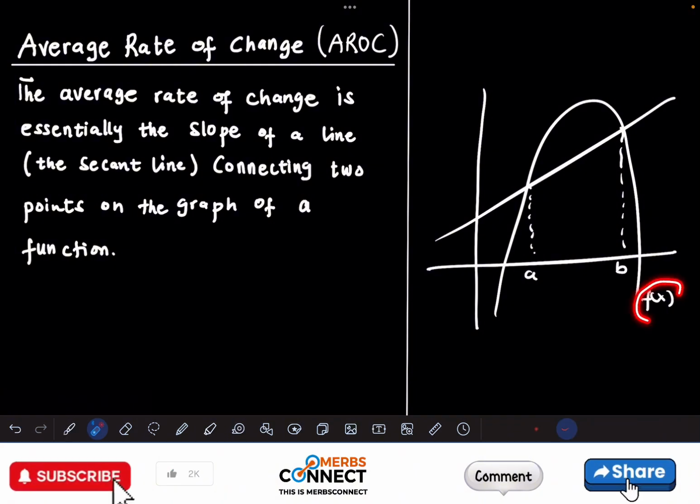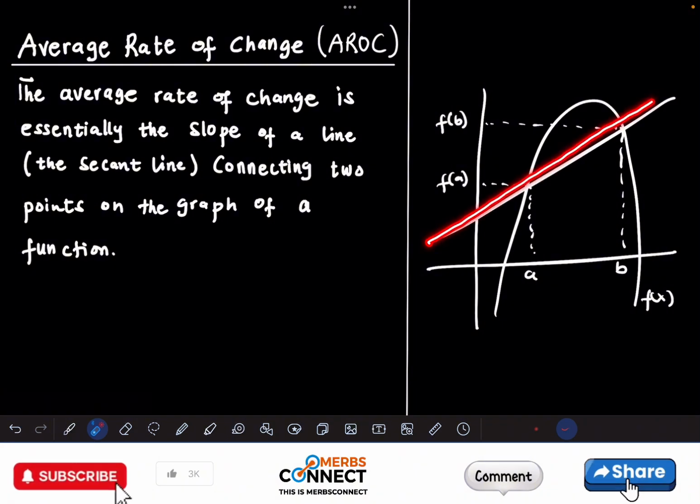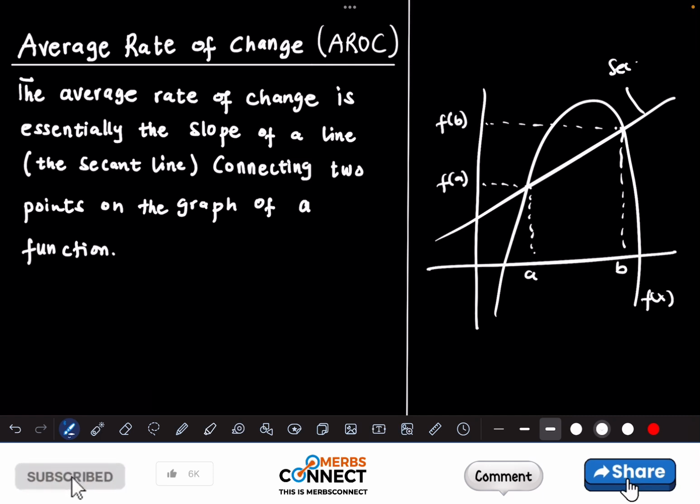Since the graph is f of x, we can find a corresponding y value for when x is equal to a, which will give us f of a. Then we can also find a corresponding y value for when x is equal to b, which is going to give us f of what? B. Now we can see that this line here is connecting the graph at 2 points, so this line becomes the secant line.